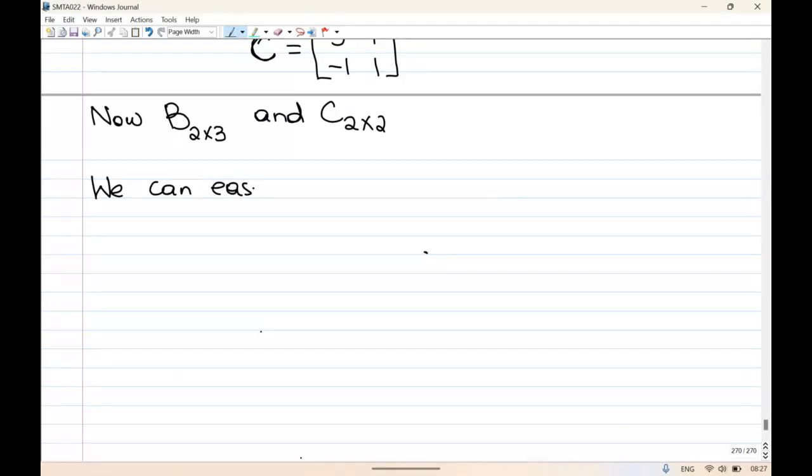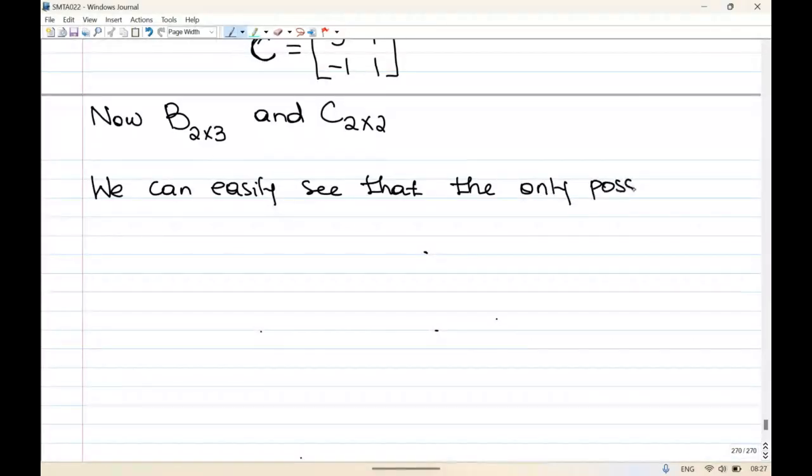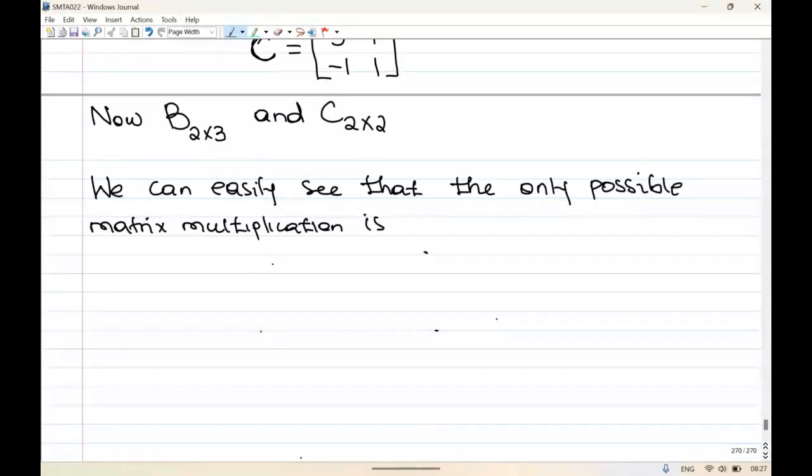You can easily see that the only possible matrix multiplication is C multiplied by B. Do you see it, colleagues? It's possible, right?